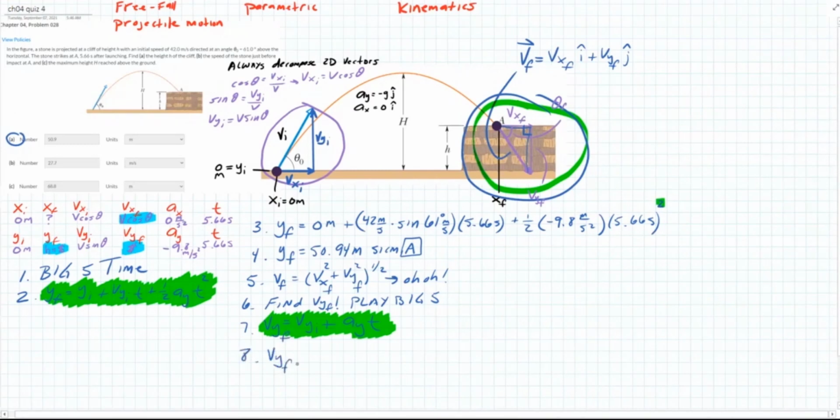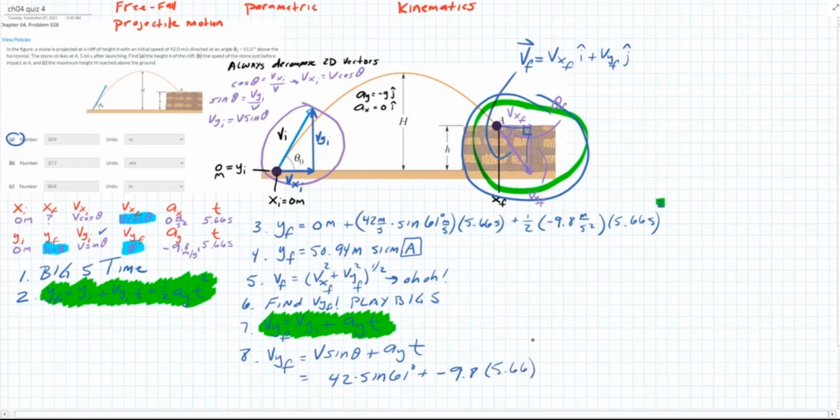VY final equals VY initial, which is V sine theta, just looking at my data table right here, plus A sub Y times T. I know all of that stuff. This is going to be equal to 42 times sine of 61 degrees plus A sub Y, which is negative 9.8 meters per second squared, times 5.66.